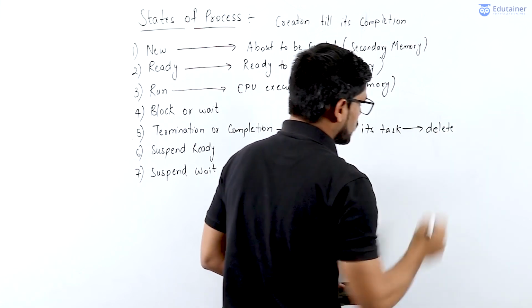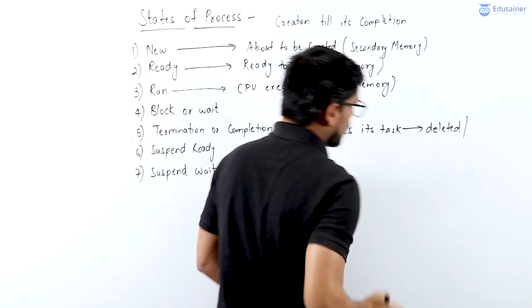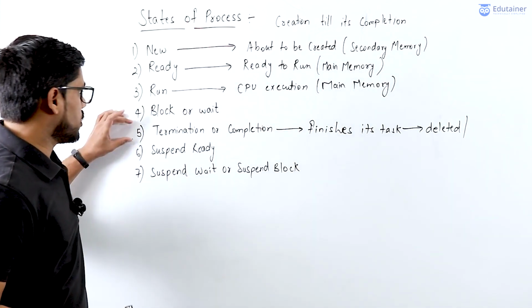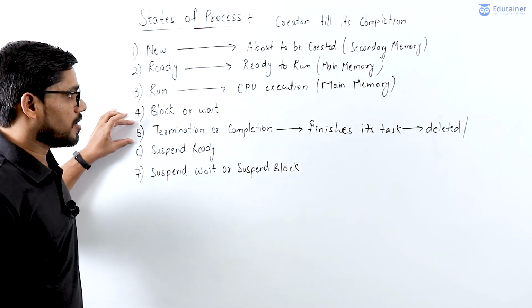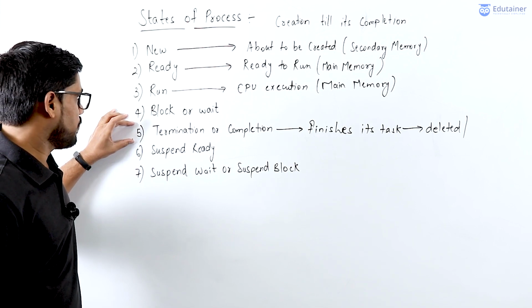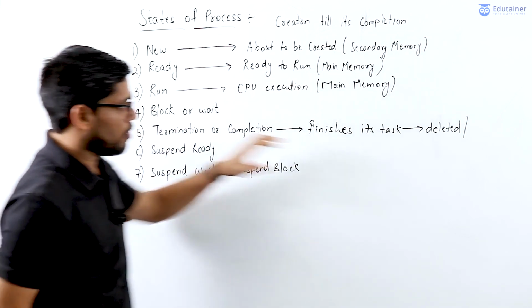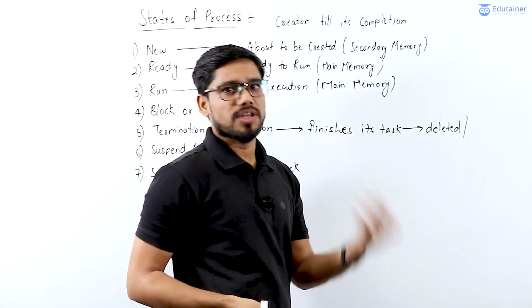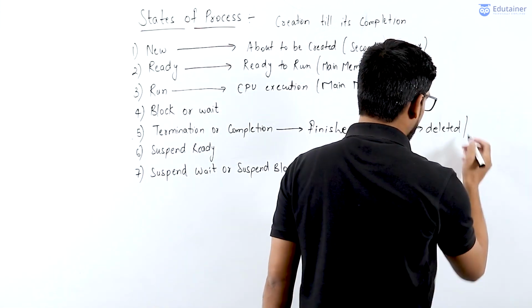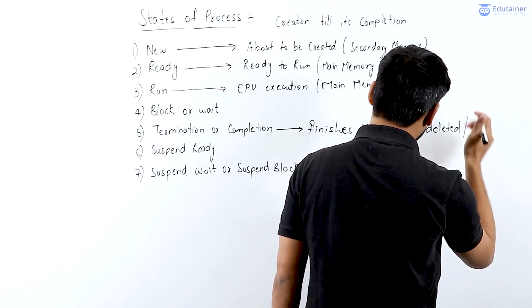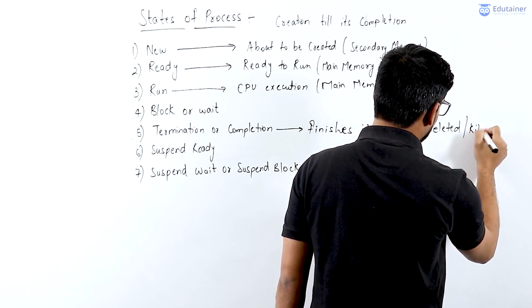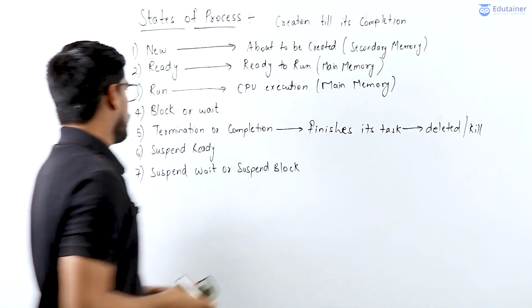So whenever a process finishes its task, it will go to the termination state, and the operating system will generally kill or delete those processes which finish their execution task, okay. So it is deleted or killed.